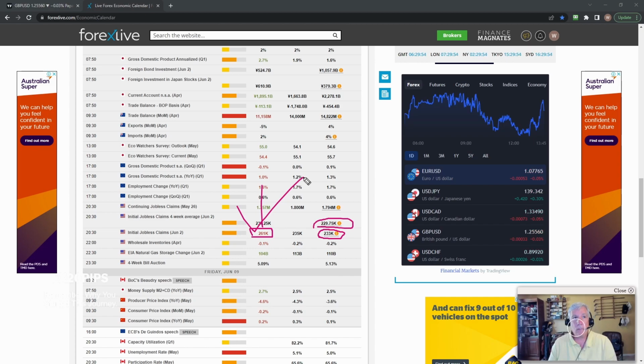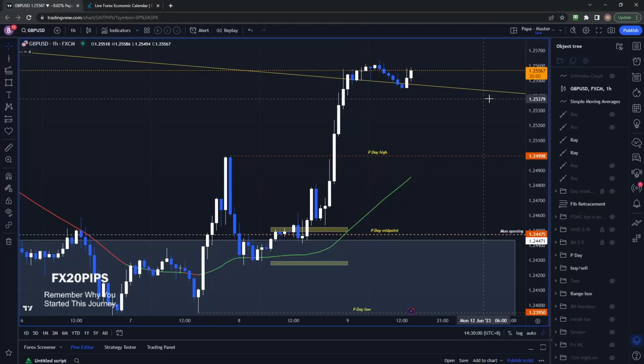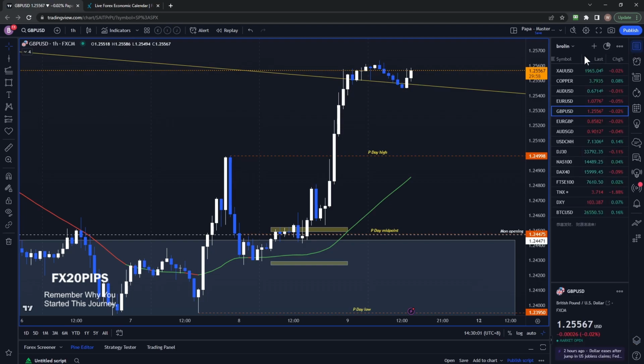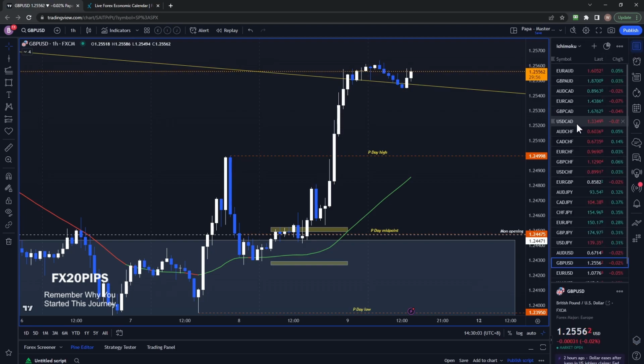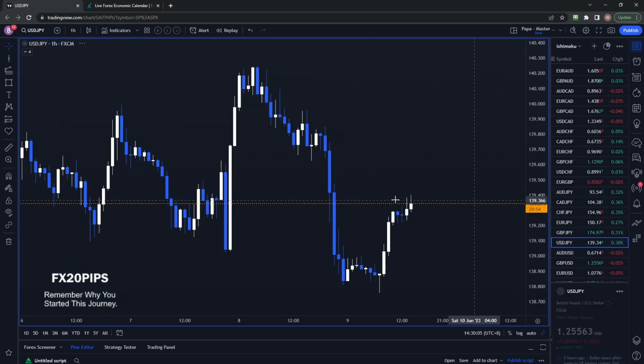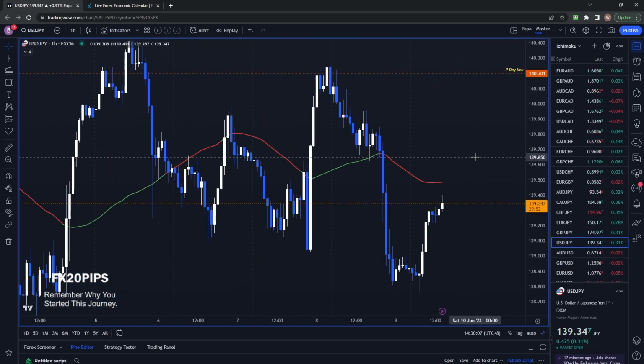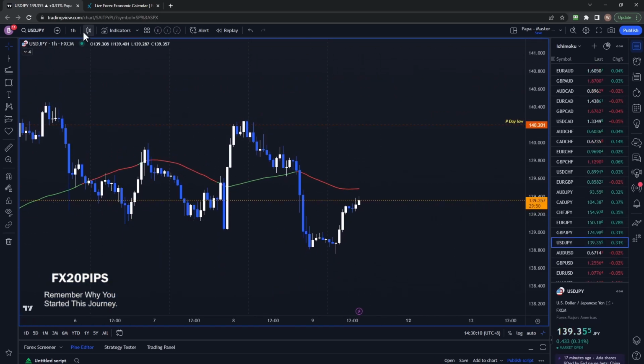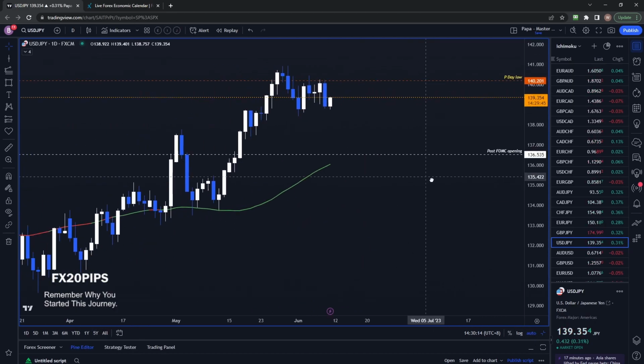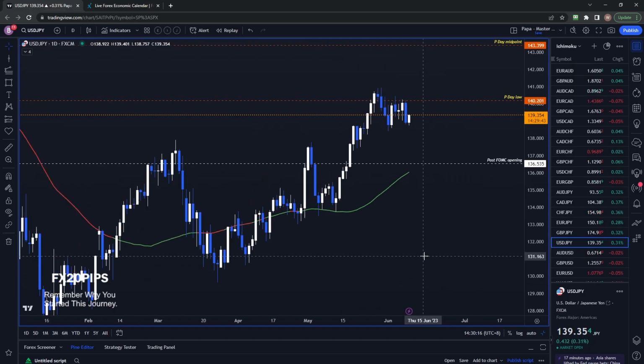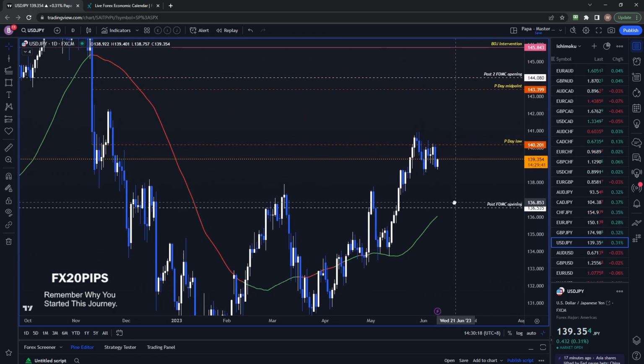And also there's one more thing. Let's go back to the chart. Look at the USD JPY. Let's go back to the daily. Now, the USD JPY is pretty high now.